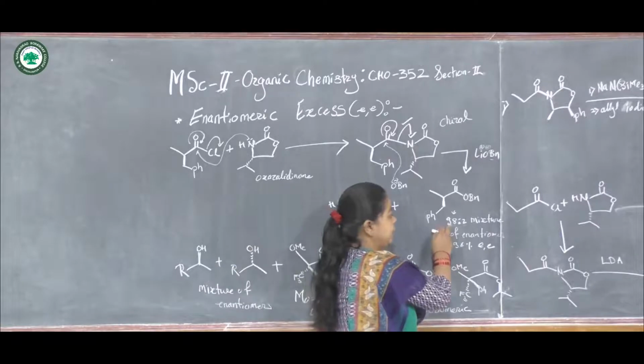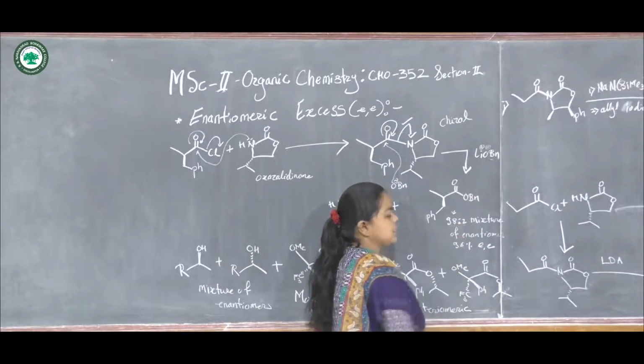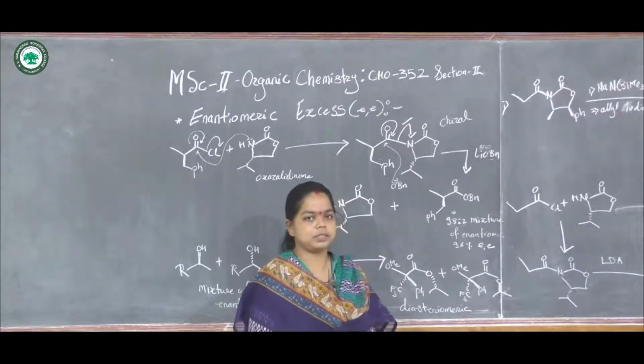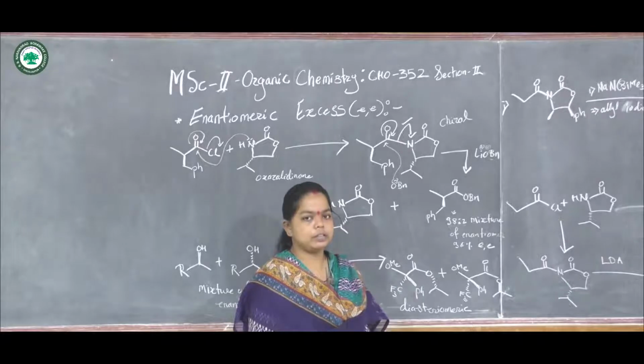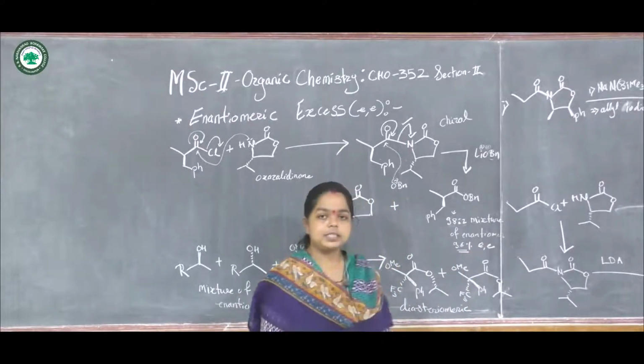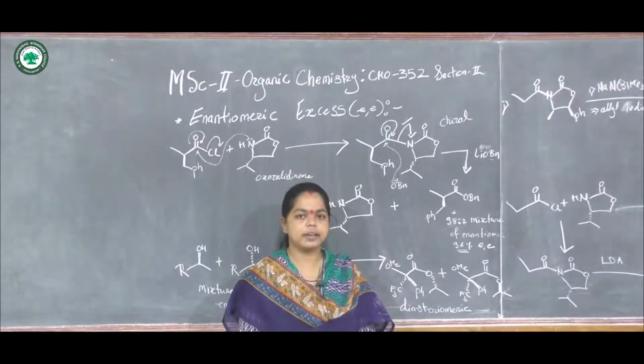So 98 minus 2 gives 96. So 4% racemic mixture is generated and 96% of the single enantiomer is present in pure form. So it is called 96% enantiomeric excess for this reaction.